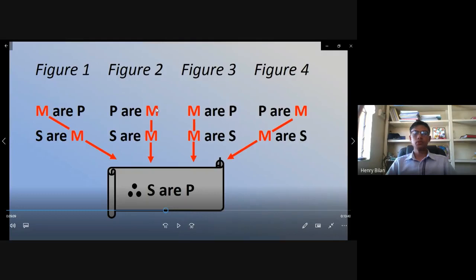When you go to figure 3, ilipat mo lang sa subject yung dalawa. So that figure 3 is sub-sub. Both are located in the subjects of the premises. Figure 4, baliktarin mo yung figure 1. Kaya magiging presub.